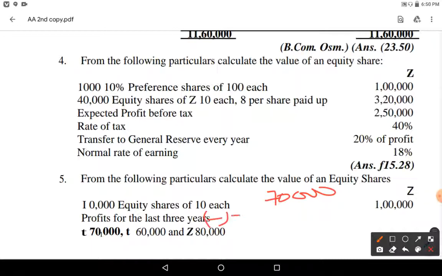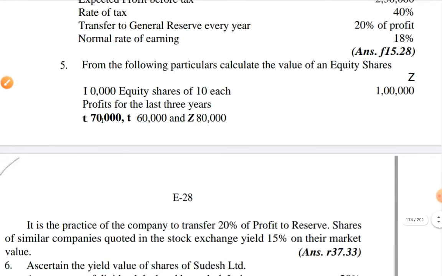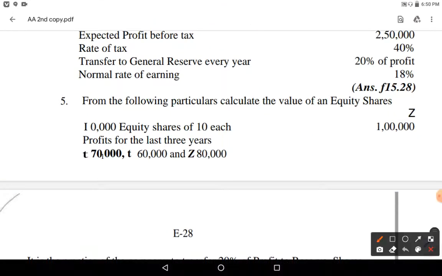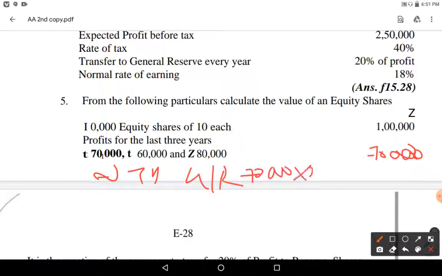From that we need to transfer 20% to general reserve. So expected profit is average profit minus transfer to general reserve. 70,000 into 20% is 14,000. Remaining is your 56,000, that is your expected profit.